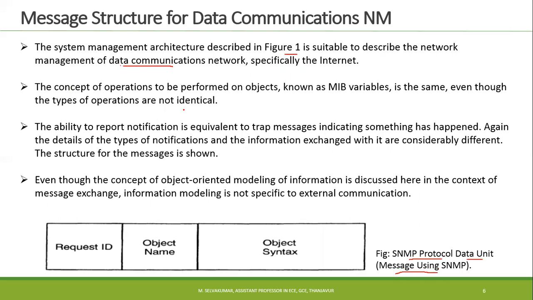The concept of operations performed on objects, known as MIB management information variables, is the same even though the types of operations are not identical. The notification message is equivalent to the trap message, indicating something has happened. Again, the detailed types of notification and information exchanged with it are considerably different.